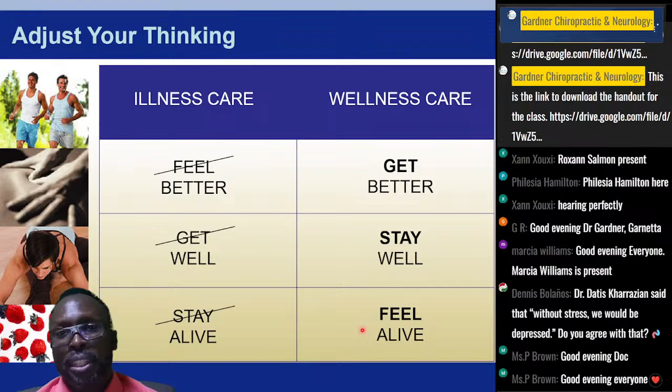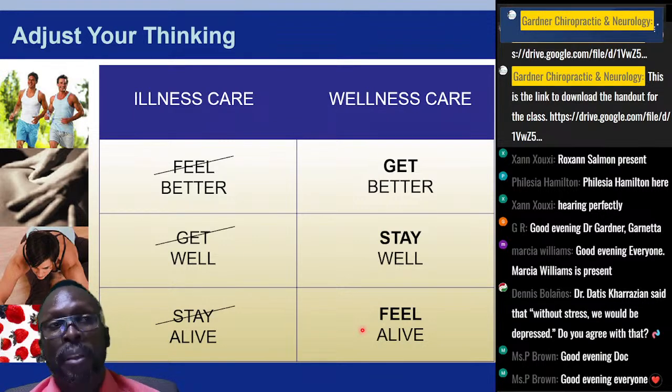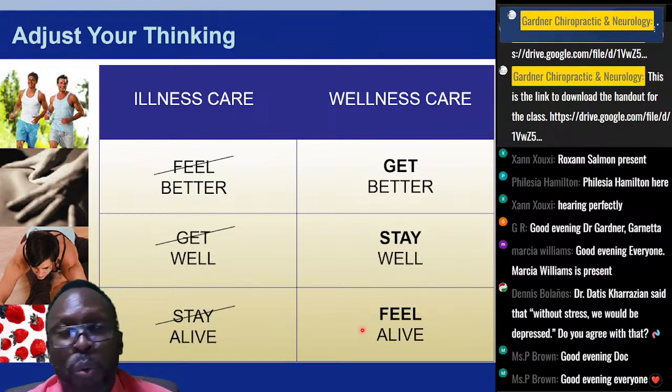But it's not limited to just bones. This is how our bodies are in general. So a body without stress typically is a weaker body. A body without fighting illness or without fighting infection is a weaker body than a body that fights infection.